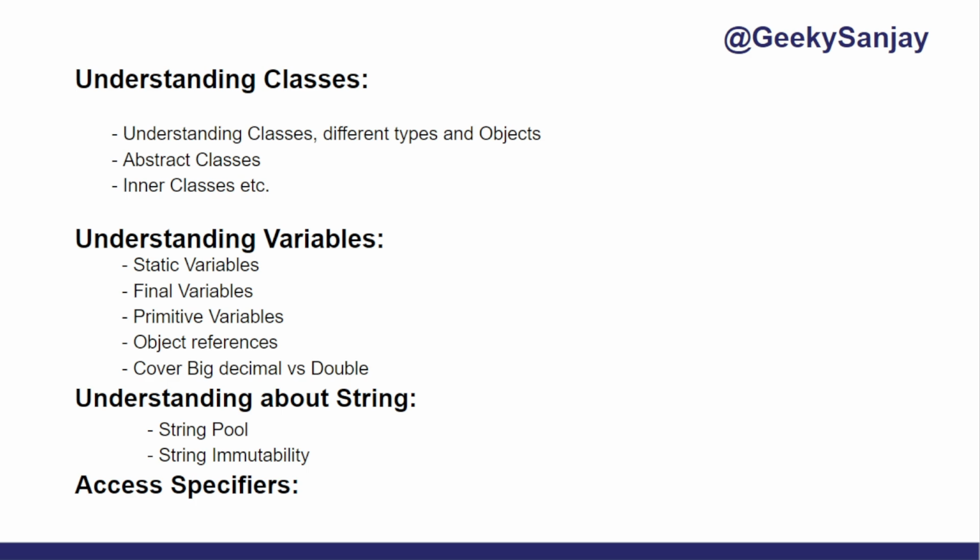Protected can be accessed by other classes in the same package or by subclasses in different packages. Default: if we do not mention anything, then the default access specifier is used by Java, and it can only be accessed by classes in the same package. So there are four types of access modifiers: public, private, protected, and default. I'm just giving you the summary here; for details, you can go and check the notes.